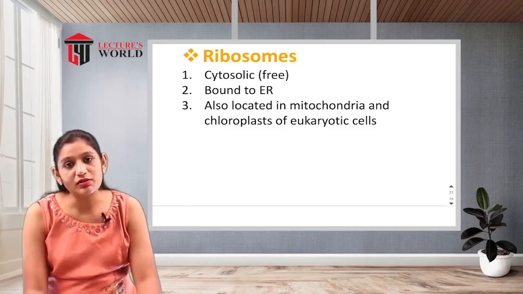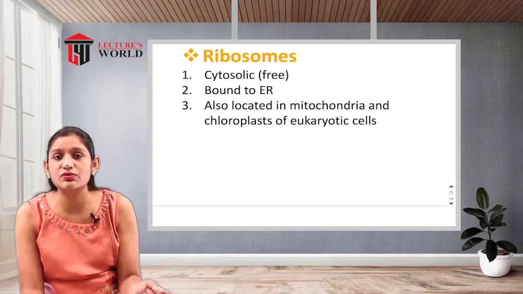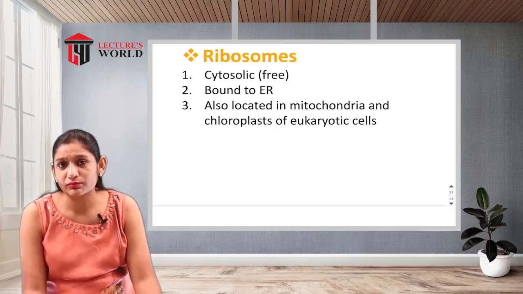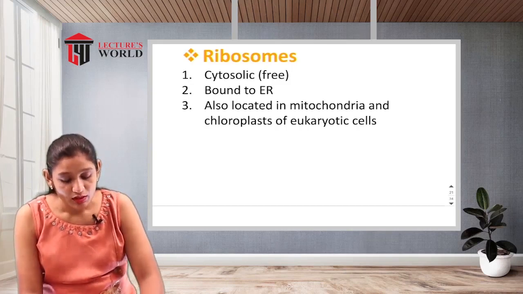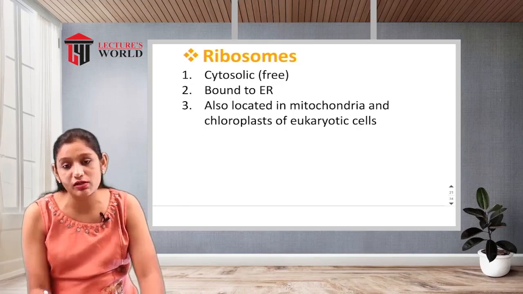Those bound to the ER are bound to the rough endoplasmic reticulum and generate some proteins. They are also located in the mitochondria and chloroplast of the eukaryotic cell.